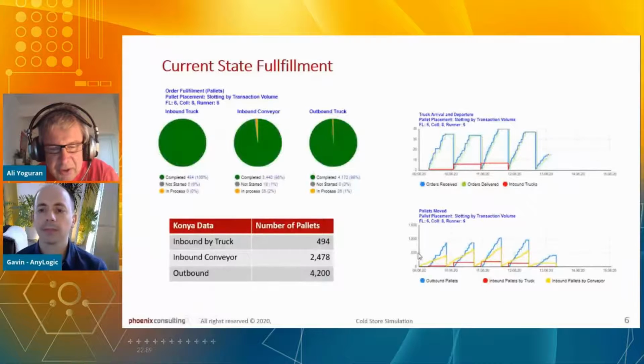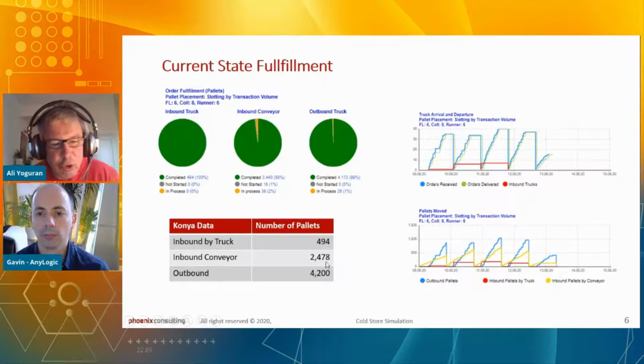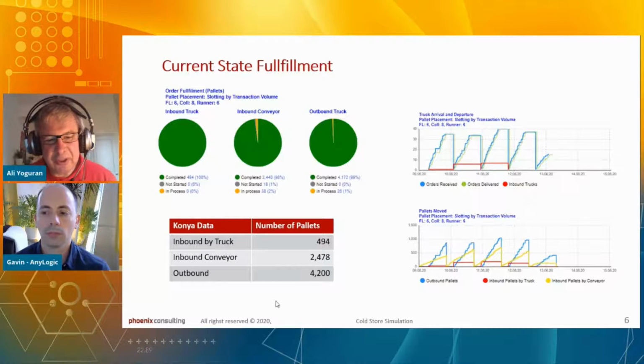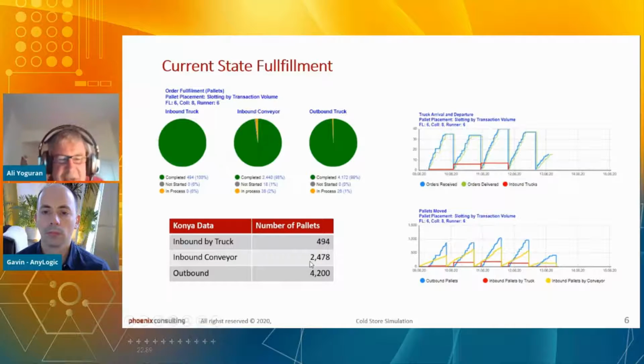If you look here, most of the inbound pallets are coming through a conveyor at one end of the warehouse, and you are loading at the other end of the warehouse. So with this physical construct, there is no way that any slotting would help too much, because any pallet has to travel from one end to the other.